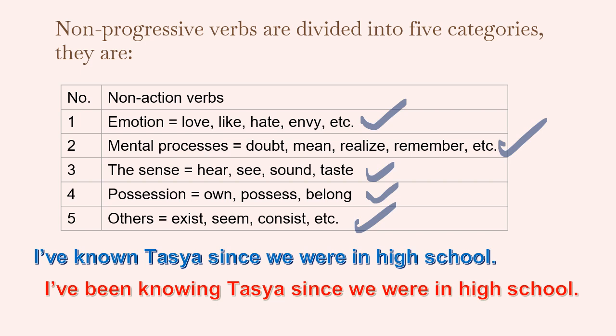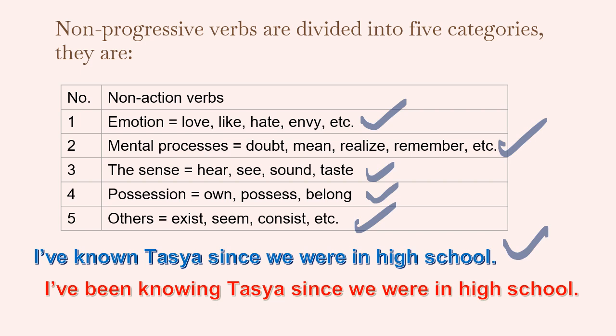Below, there are two sentences. The first one is, I have known Tasha since we were in high school. The second one is, I've been knowing Tasha since we were in high school. Which is the correct one? The correct answer is A. I've known Tasha since we were in high school.